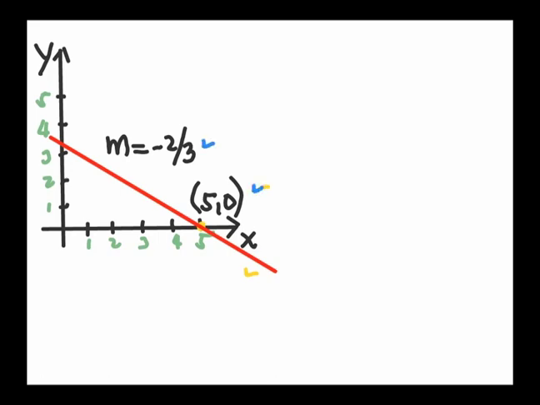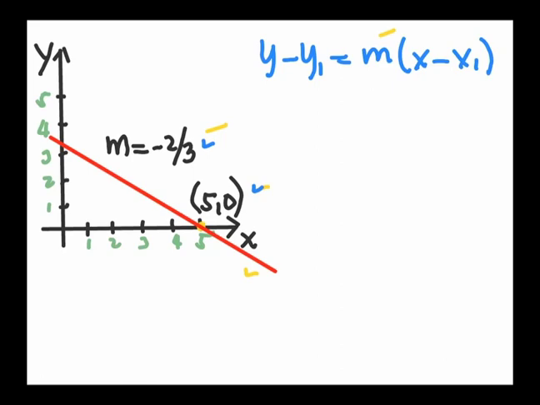So the point-slope form of the equation of a straight line is given by this equation: y minus y1 is equal to m times x minus x1. We know the slope m to be equal to negative 2/3. y1 and x1, of course, will be taken from this point 5, 0. This point 5, 0 is, of course, our point x1, y1, right?